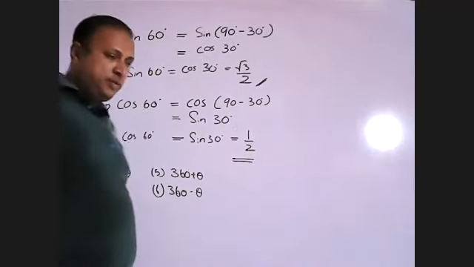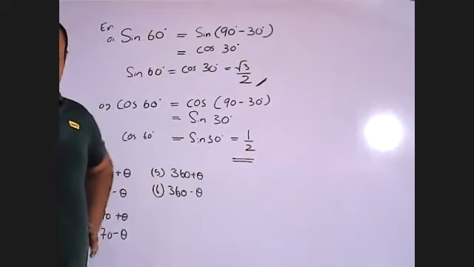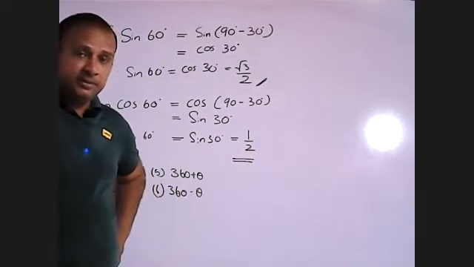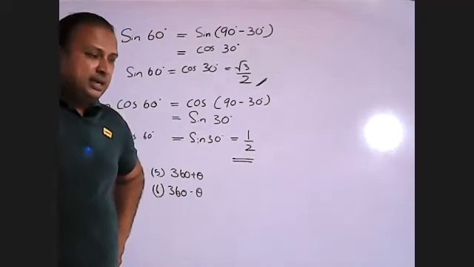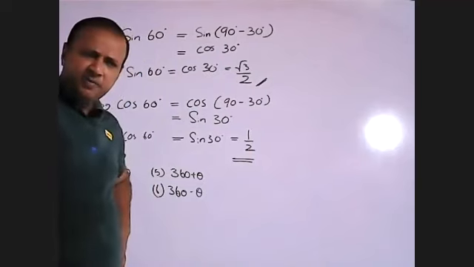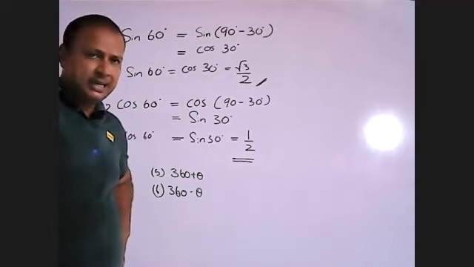Here, actually, in the single medium class, I have given some exercise for the students. Actually, we have completed up to 180 plus theta or minus theta in the class.